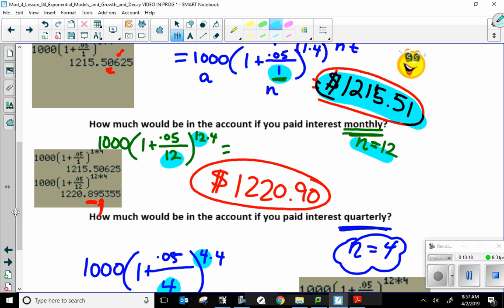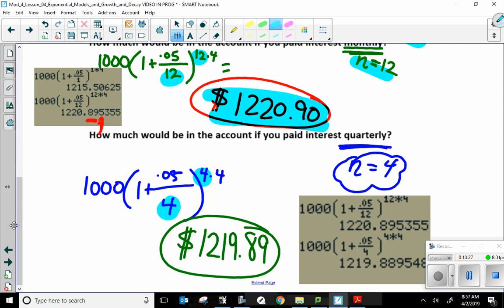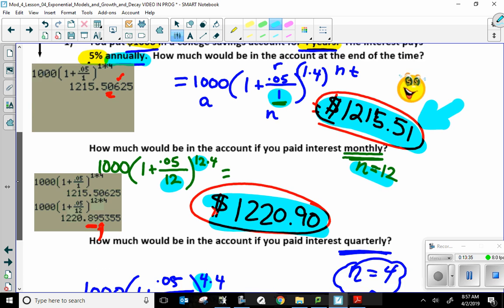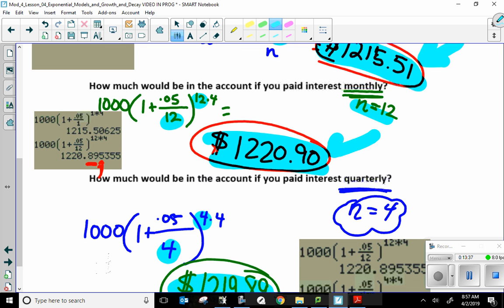When I got it 12 times a year, that's more. It's $1,220. When I got it 4 times a year, this is more. My $1,219 is more than once a year because my N was 4, but it's going to be less than 12 times a year. If everything was the same, that's how this works.